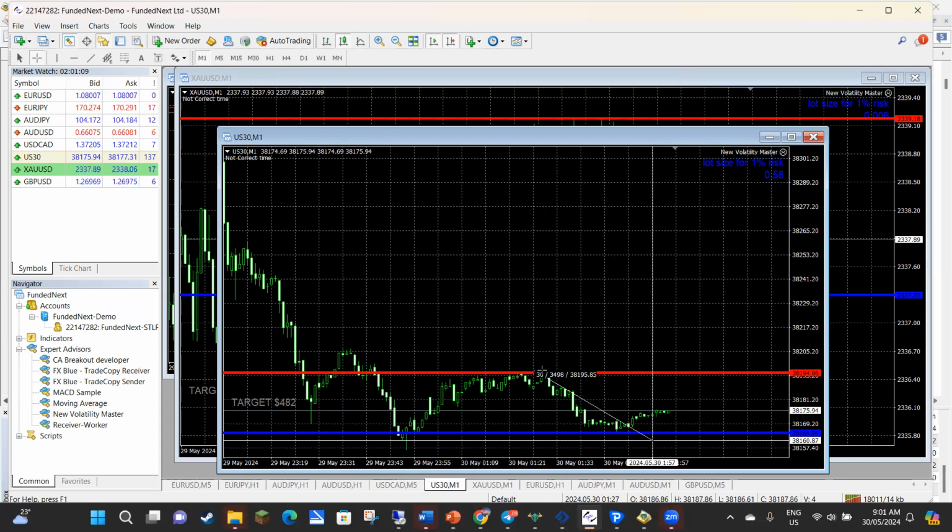But if the top of the range was right up here, that's 12,000 points. If that was the case, it would still place the stop loss at 10,000 points.